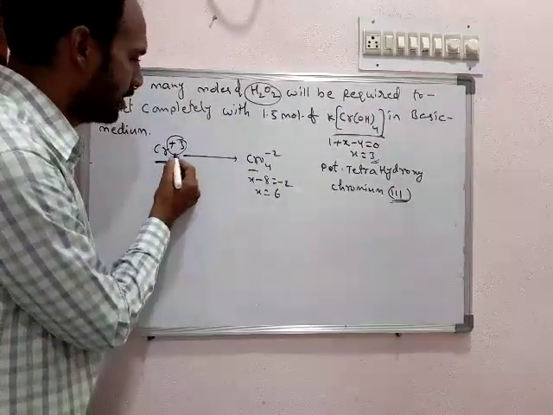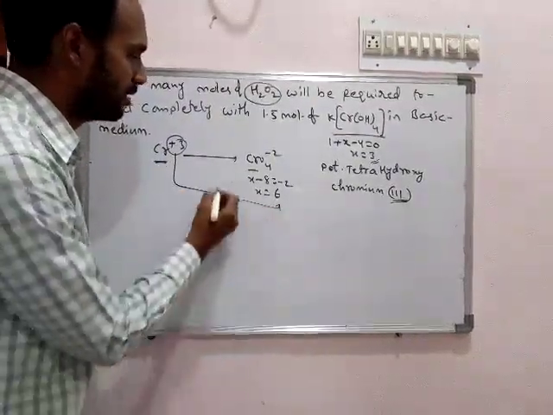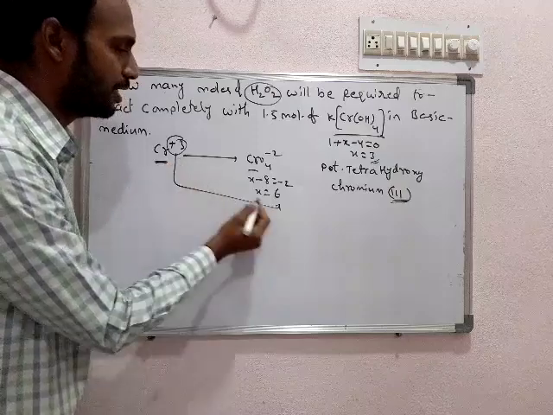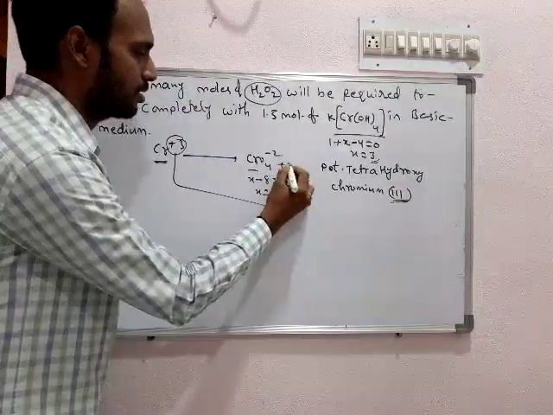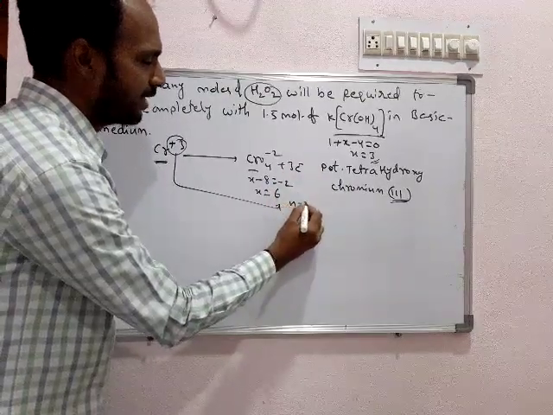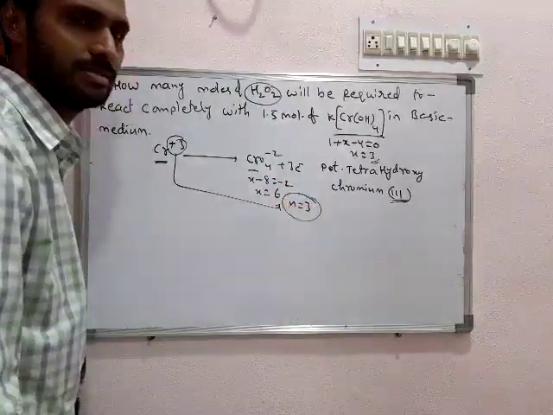So the difference is just 3: plus 3 becomes plus 6 by losing 3 electrons. Here the n factor is 3.